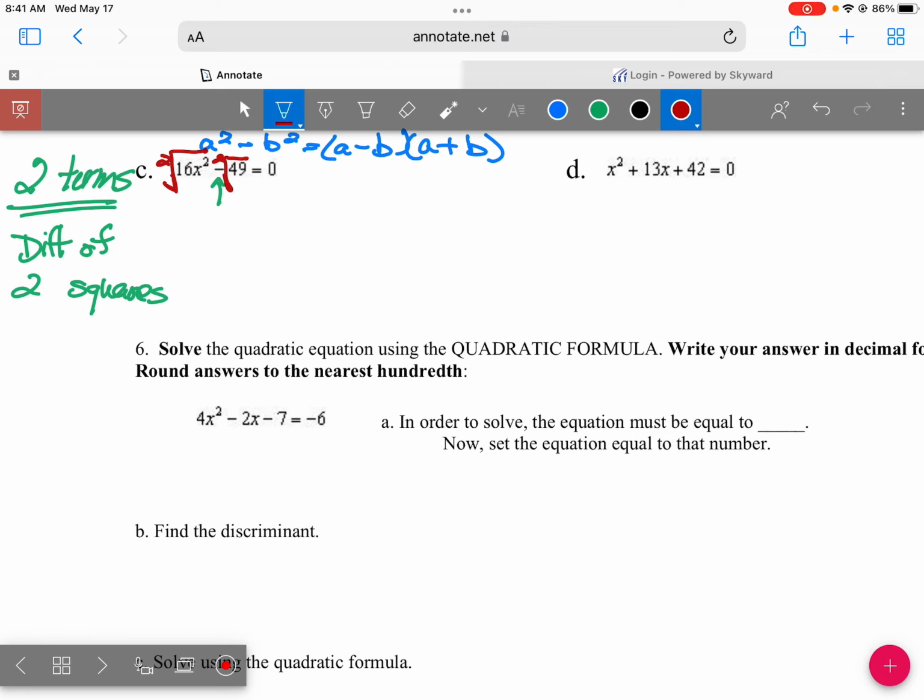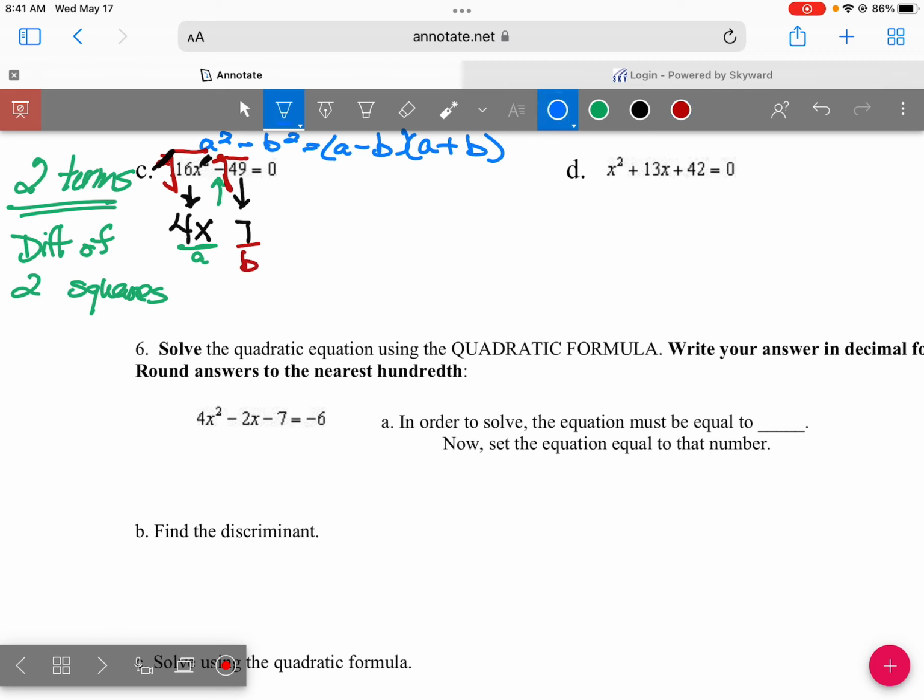But if you're taking the square root of something that is squared, those are just going to cancel out. And the square root of 16 is 4. And the square root of x squared is x. And the square root of 49 is 7. So this is my a value right here, and this is going to be my b value.